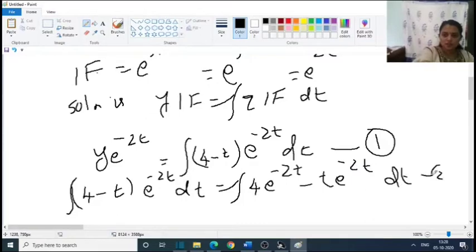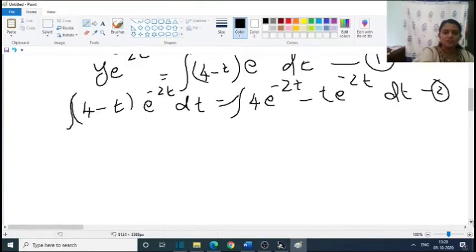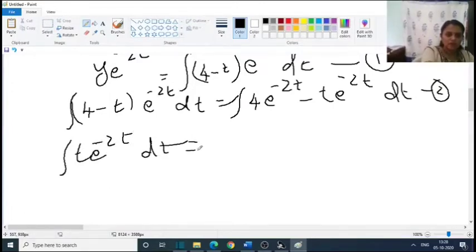This is equation 2. Now here we have to find the integral of 4 e raised to minus 2t, and we have to find the integral of t e raised to minus 2t dt. Here we have to use integration by parts.